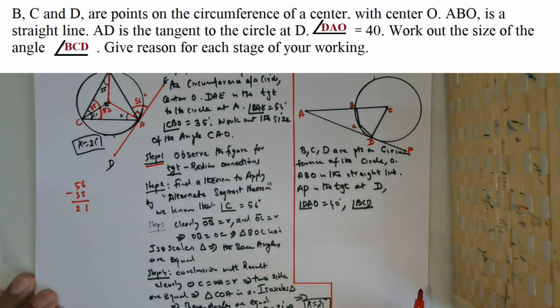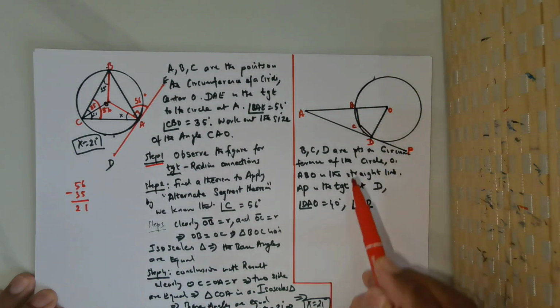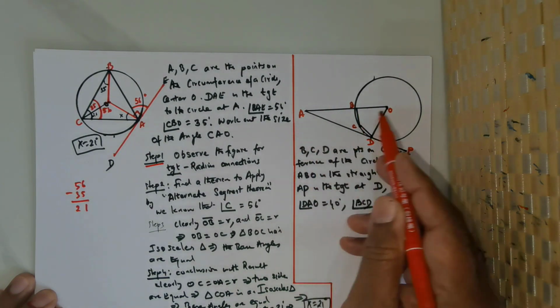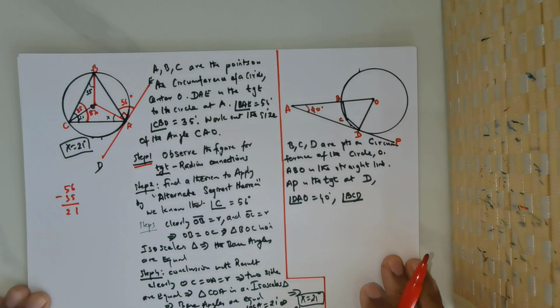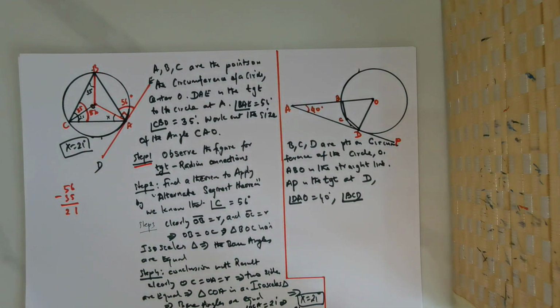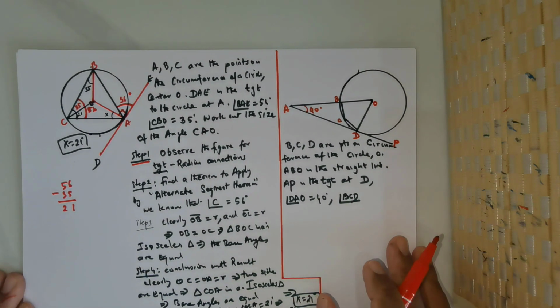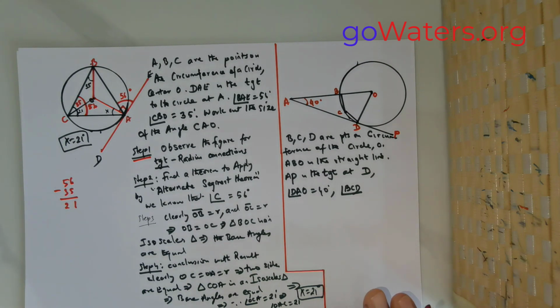And you are expected to find BCD. It's also given that DAO is 40 degrees. Okay, fair enough. So I hope you can pause the video and complete the solution for this question.